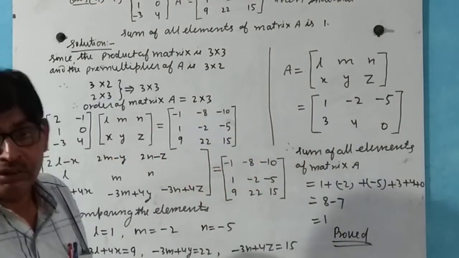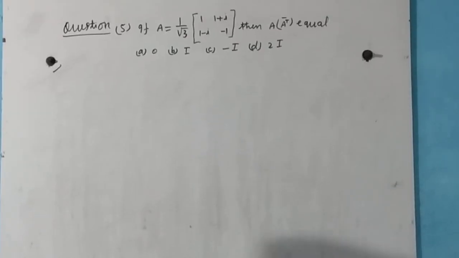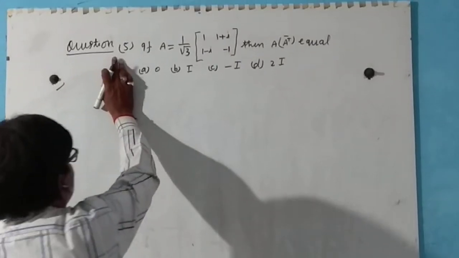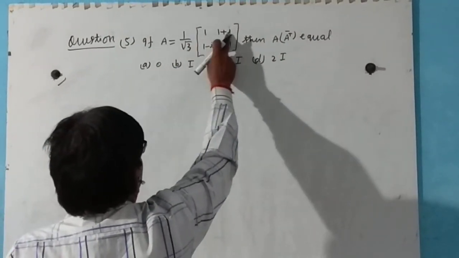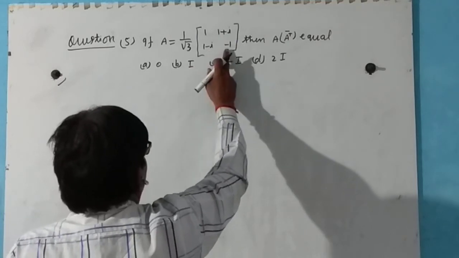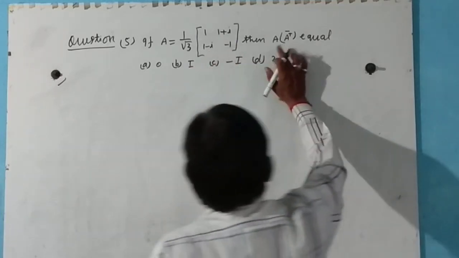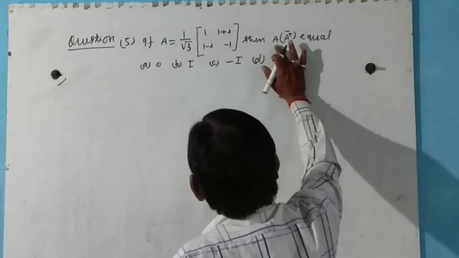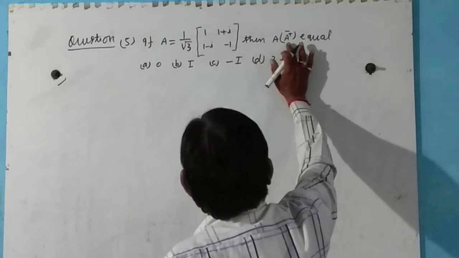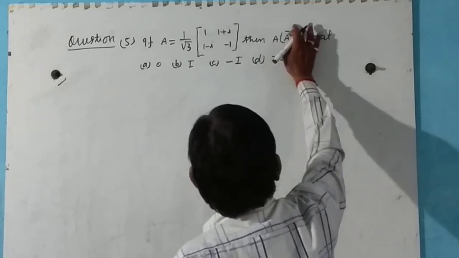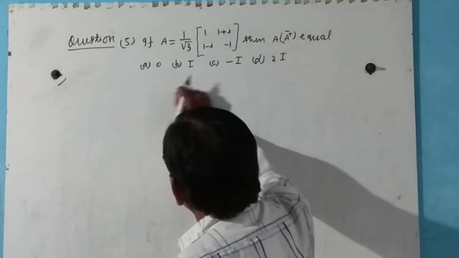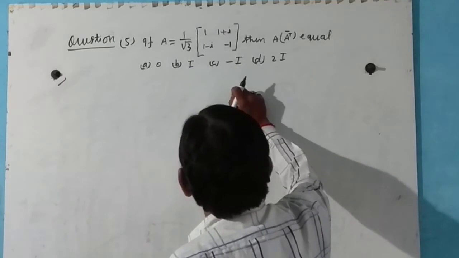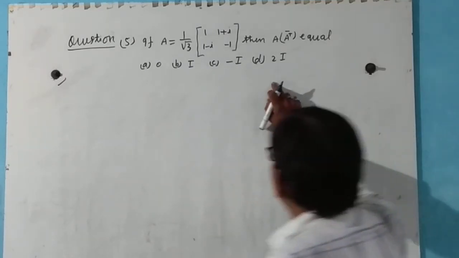Now take a question on 5. If A equal to 1 by root 3 times the matrix 1, 1 plus I, 1 minus I, minus 1, then show that the matrix A and the conjugate of transpose of matrix A is equal to 0, I, minus I and 2I.